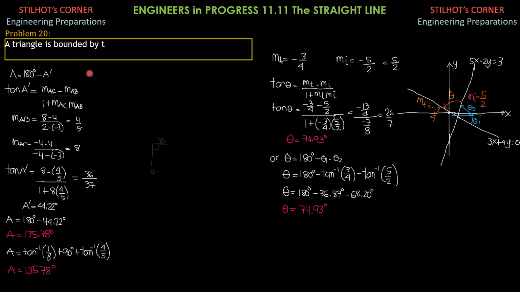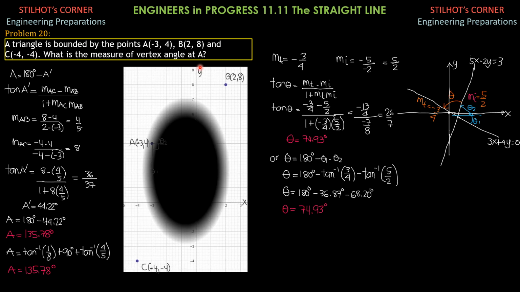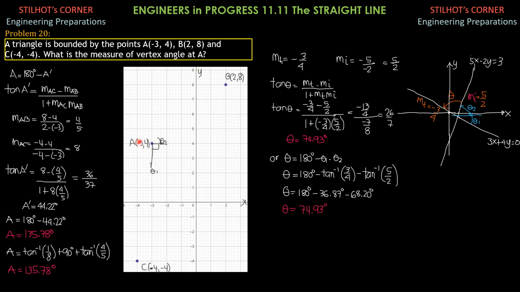A triangle is bounded by the points A(-3, 4), B(2, 8), and C(-4, -4). What is the measure of vertex angle at A? So I'll present two solutions here. One is using the derived formula from the preceding videos, and the other one is by technical and practical means.